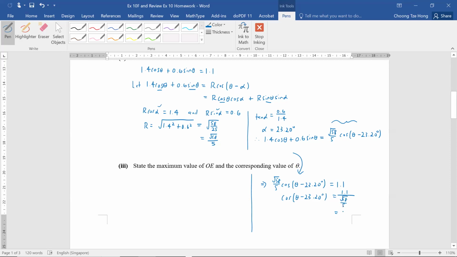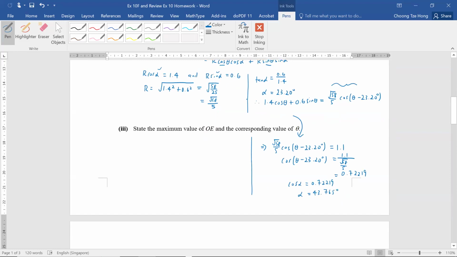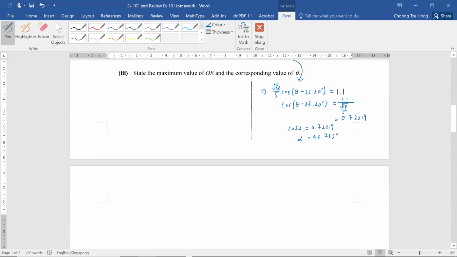So you will get 0.72219. Now we find the basic angle, which is 43.765 degrees. Cosine is positive, so it's either the first or the fourth quadrant.